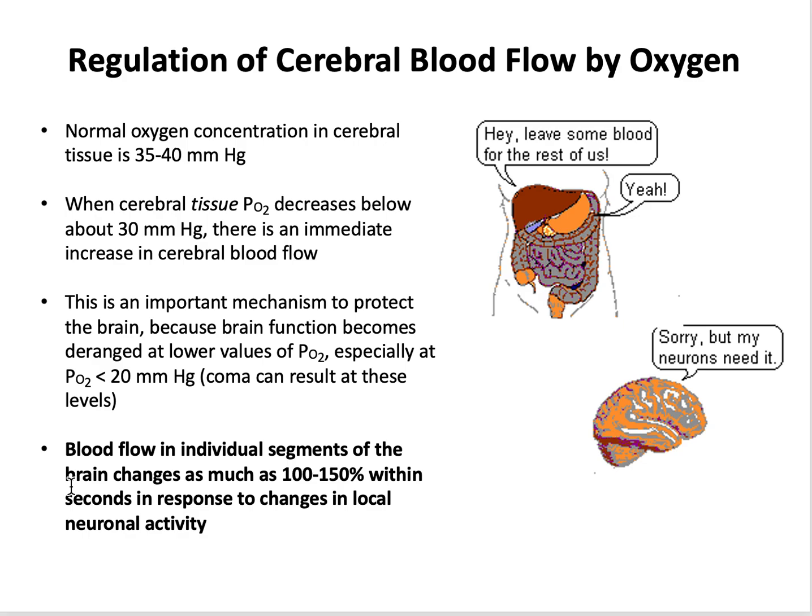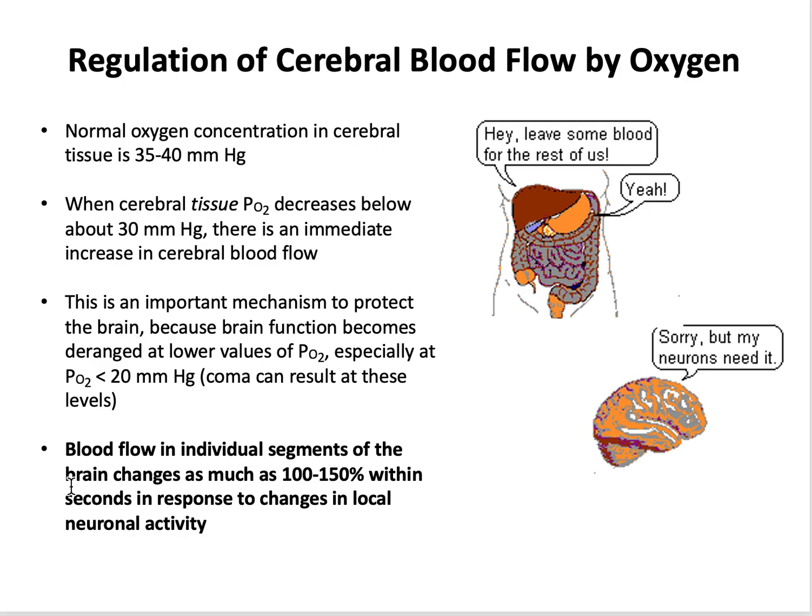This is carried out a lot by astrocytes. Anytime there are blood vessels in the brain, you will see astrocytes nearby. The astrocytes help regulate blood flow to those areas, and it's called neurovascular coupling.